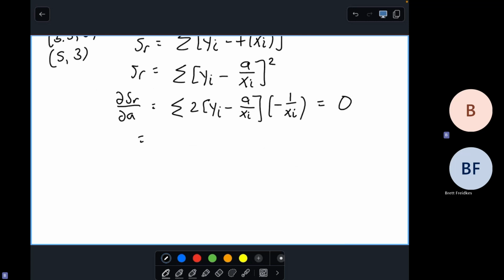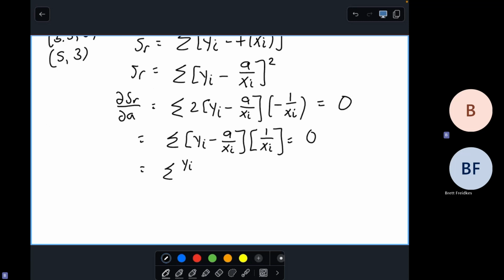What things can I cancel now if I wanted to? The 2 and the negative 1. This would be the summation of yi minus a over xi, times 1 over xi, is equal to 0. Now what I want to do is try to solve for a. So I'm going to distribute that 1 over xi in.